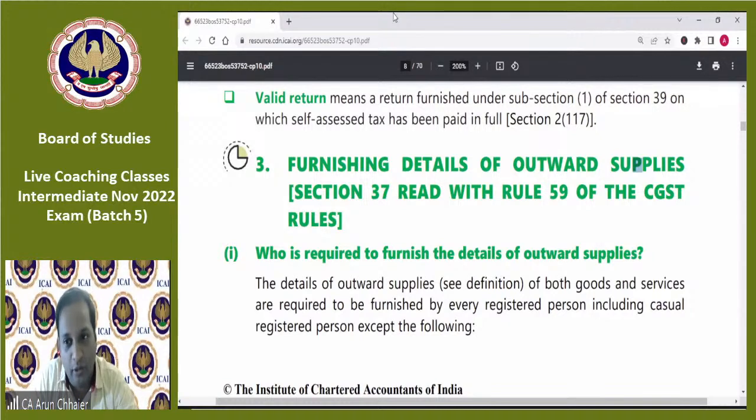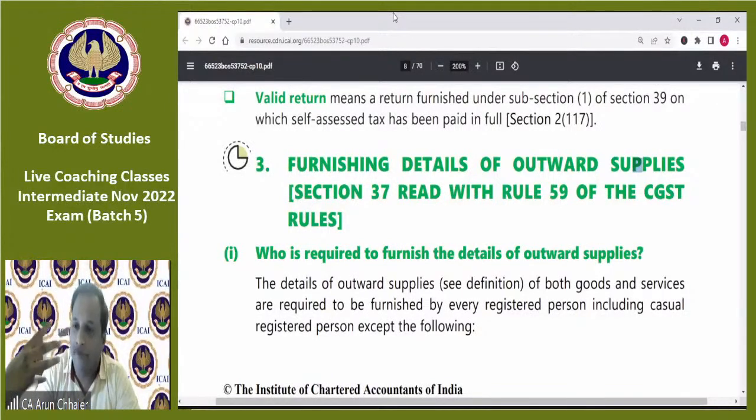If I am a regular taxpayer, registered under section 9 of the CGST Act, then I will file GSTR1 and GSTR3B monthly or quarterly.